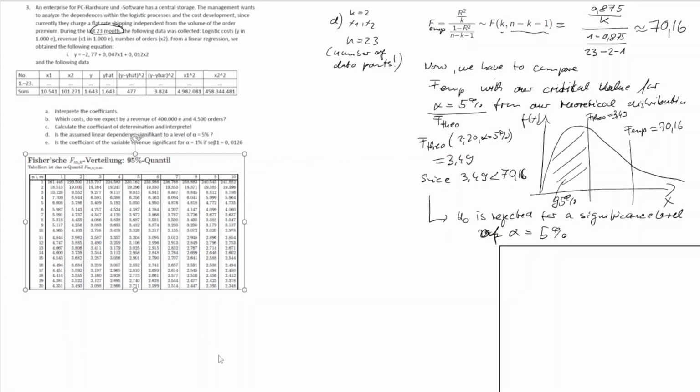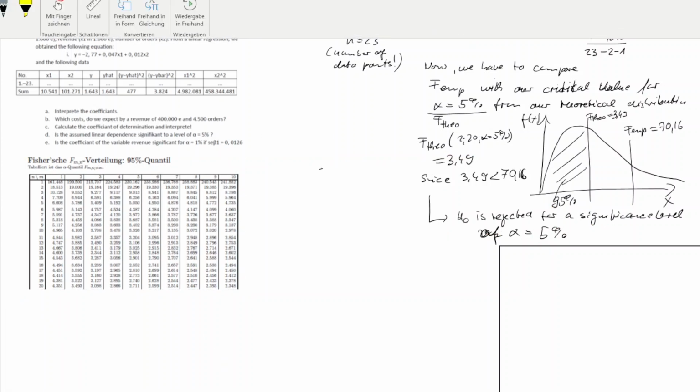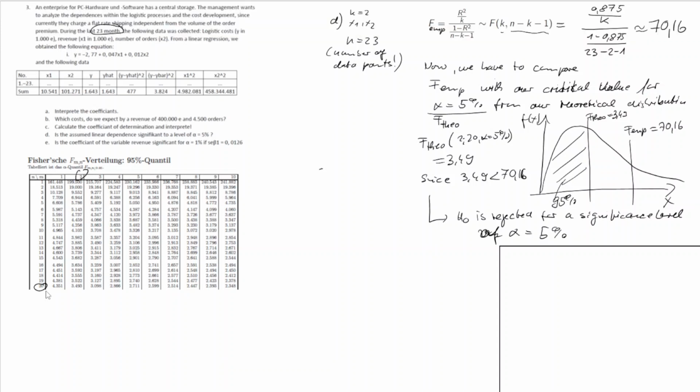And there we have it. So here 20 and 2, and then this is F theo, but of course now you always have it implemented in your software package in order to get this.